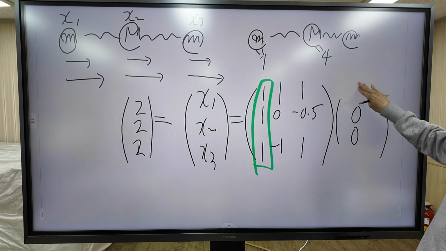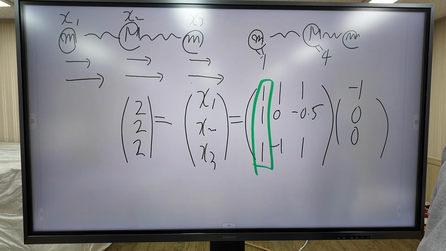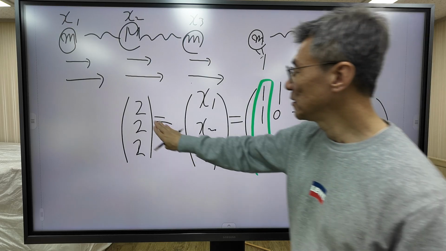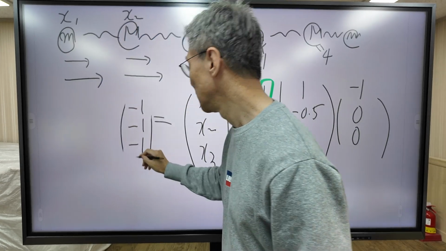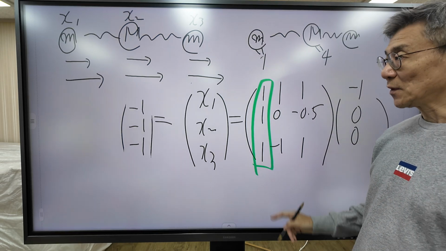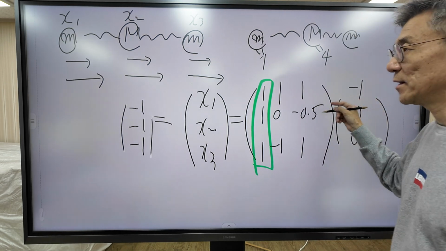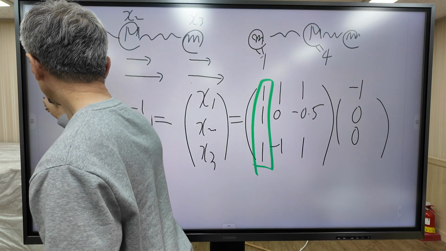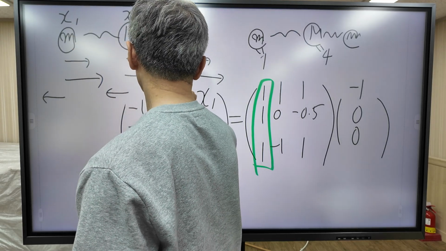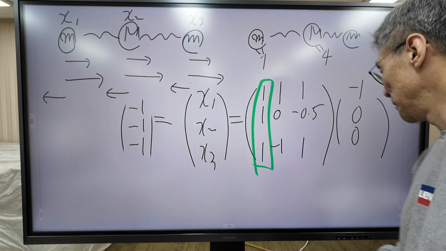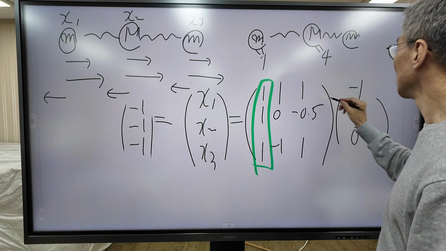Now what happens when Q1 equals minus 1? Then this value returns minus 1, minus 1, minus 1. So in this case, when Q1 equals minus 1, this arrow moves left by 1, left by 1, left by 1.